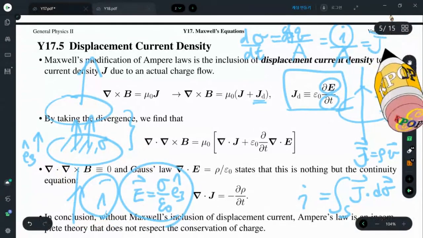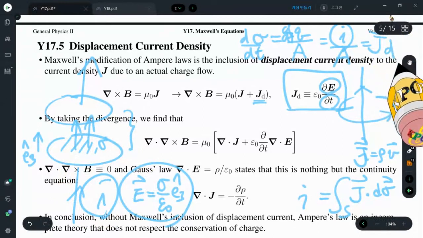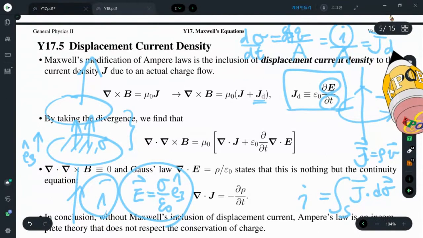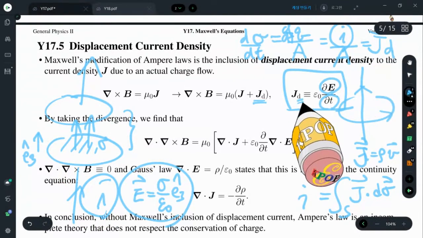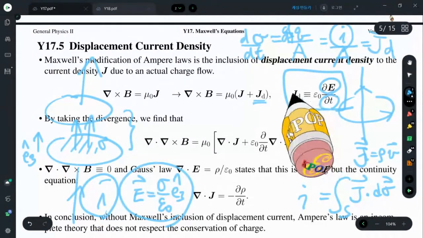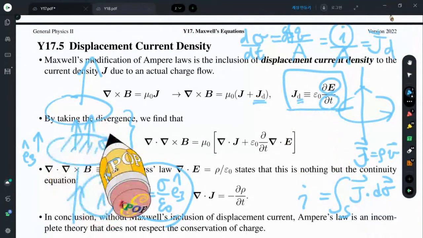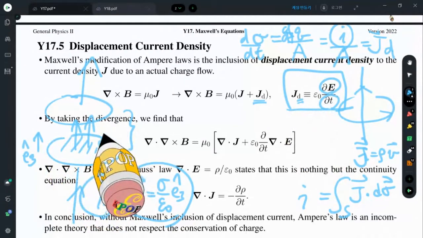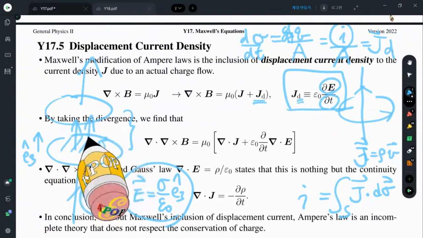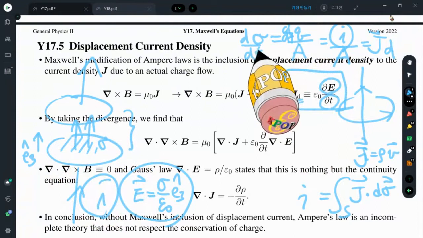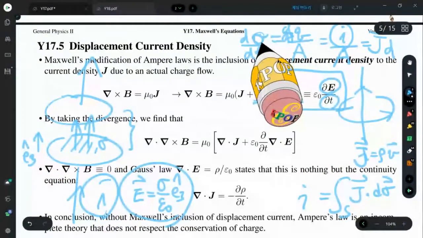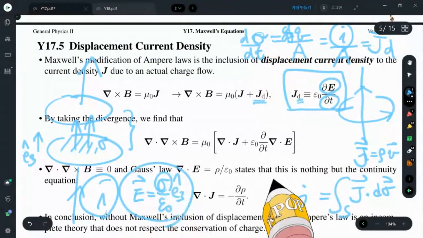So Maxwell attached the D, that is the displacement current. Displacement current has nothing to do with the actual motion of electric charge. Instead, it is closely related to the sigma. That sigma is what?